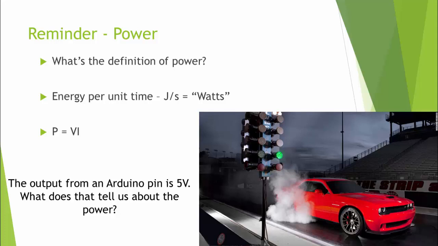I know my potential is 5 volts, but I don't know my current. Well, we know that the potential combined with a given device tells us our current. So while we may not know our current, that potential will determine the current. Therefore, the potential in combination with a device tells us the power output.